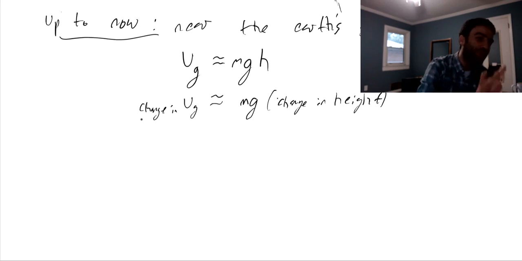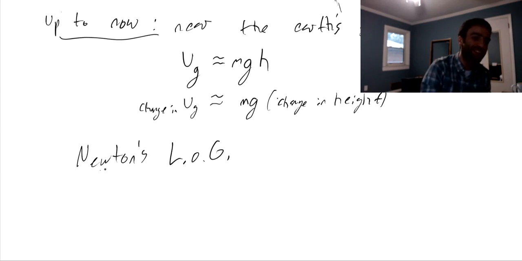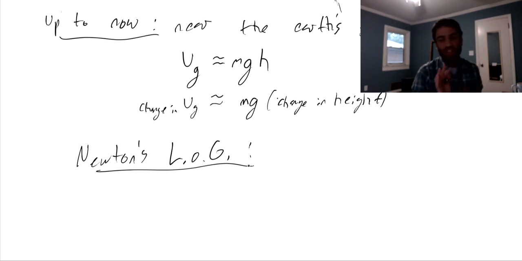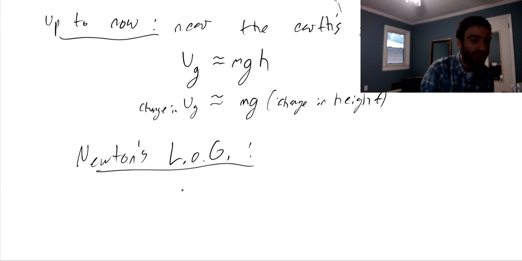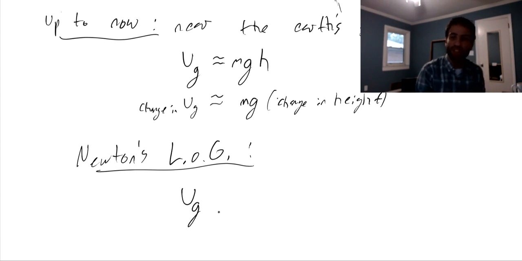Okay, but Newton's law of gravitation implies not just that the actual force is more complicated, but also that the potential energy stored in the gravitational attraction between two objects is actually the following expression.